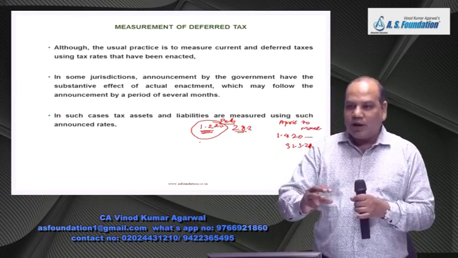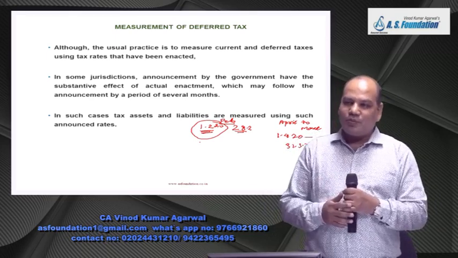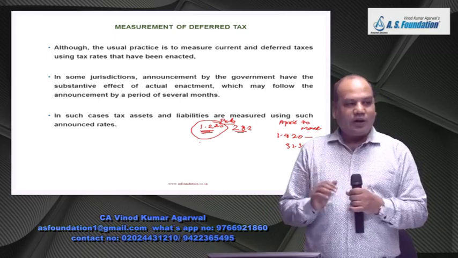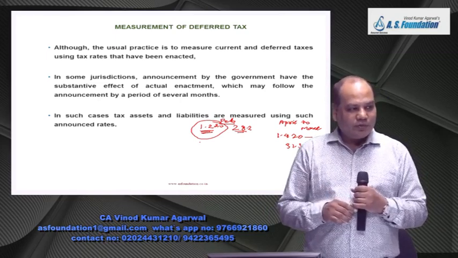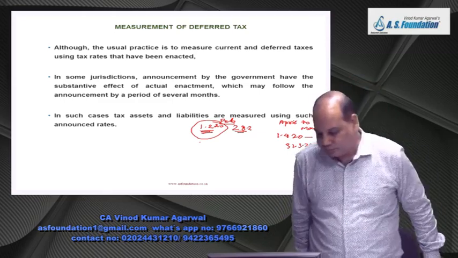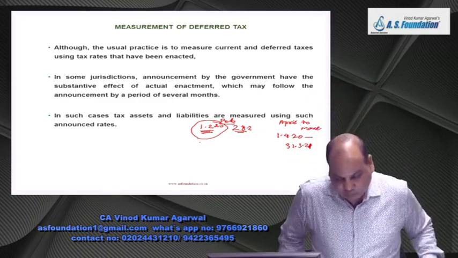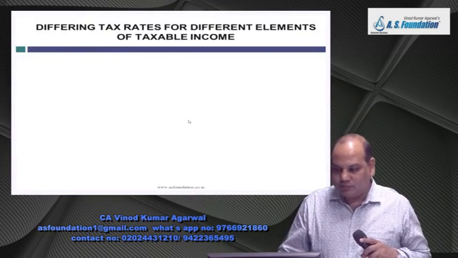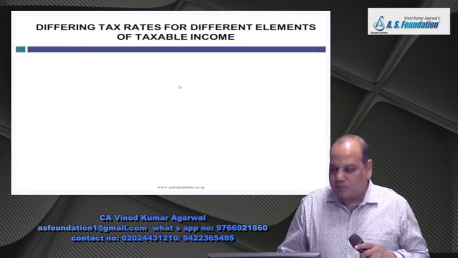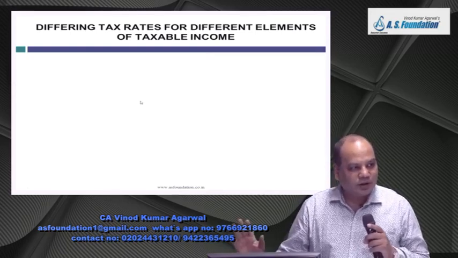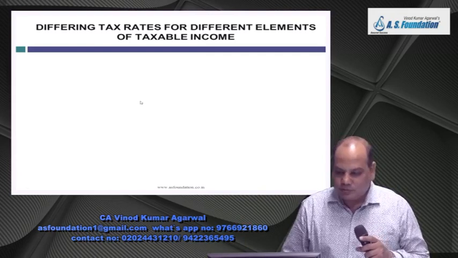Normally the direct tax rate that is presented is approved by the parliament without any changes. Indirect tax rates, yes, of course they change sometimes, even after they are proposed by the finance minister. If that is the case, we can assume that the proposed tax rate is equal to substantive enactment. Okay.